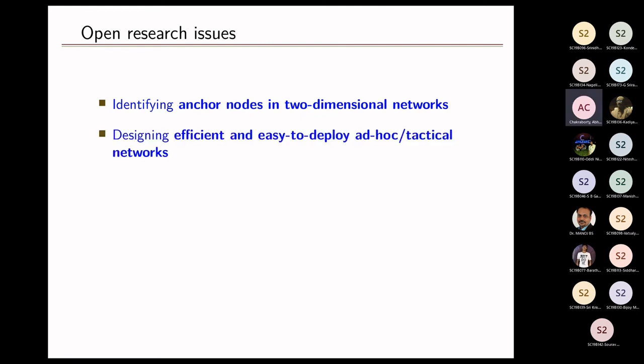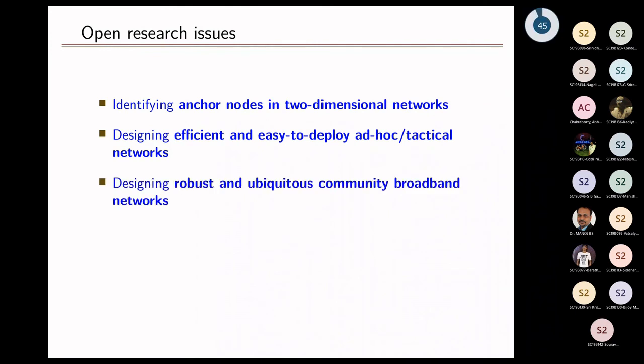Also, we can use this concept of anchor node to design efficient and easy to deploy ad hoc and tactical networks. One example we have already seen in terms of designing this SDLA heuristic. Another can be designing robust and ubiquitous community broadband networks.